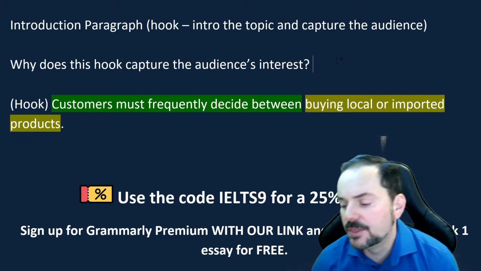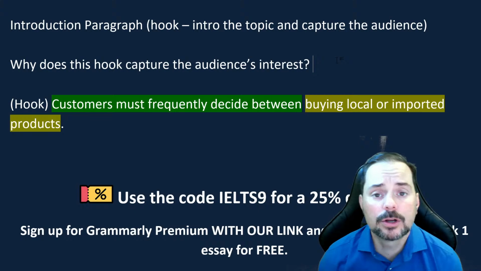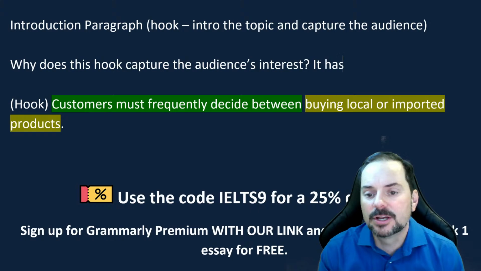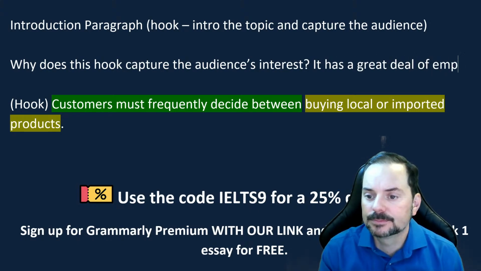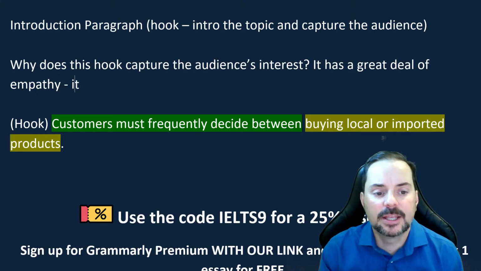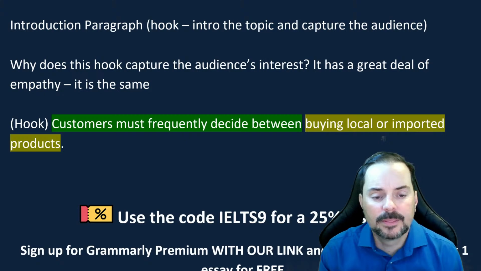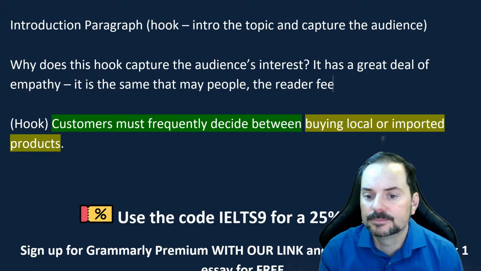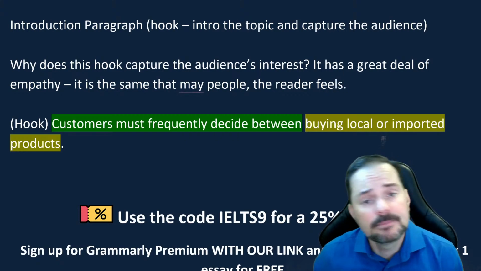The reason why this hook captures your audience is because it creates empathy. It has a great deal of empathy, meaning that it is the same that many people feel. So here the examiner goes, yeah, I do that.